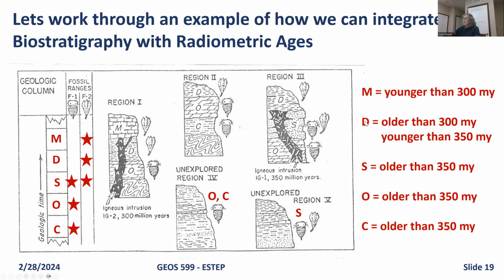So D is therefore bracketed to have formed sometime between 300 million years ago and 350 million years ago, whereas M, that sits on top of D, has to be younger than 300 million years. So this is an example of how we use biostratigraphy, radiometric ages, and all the basic principles of relative age to build a geologic history.